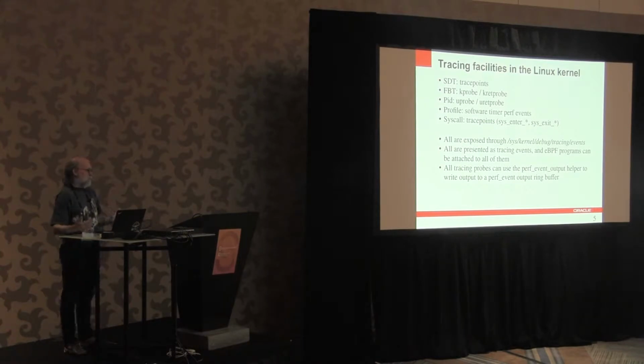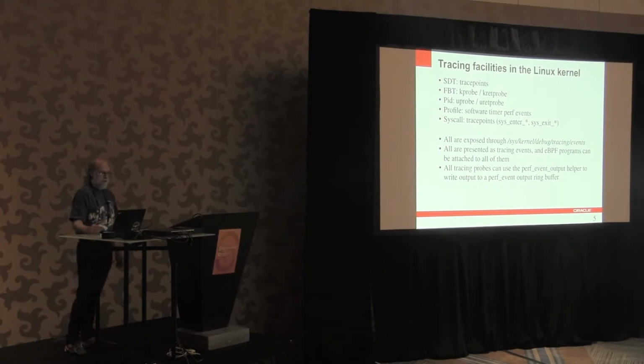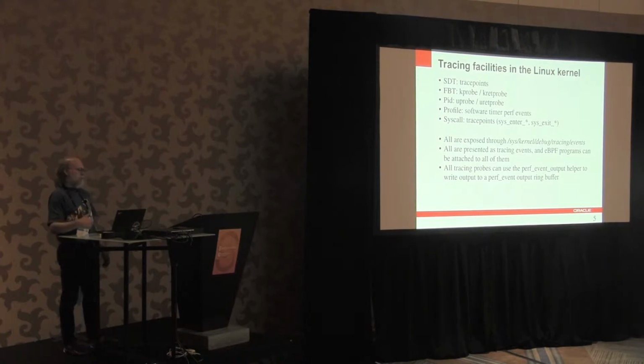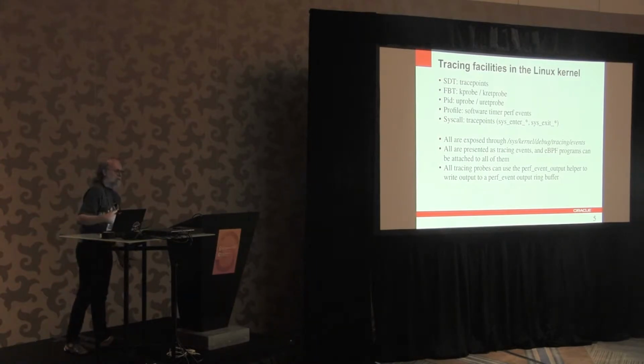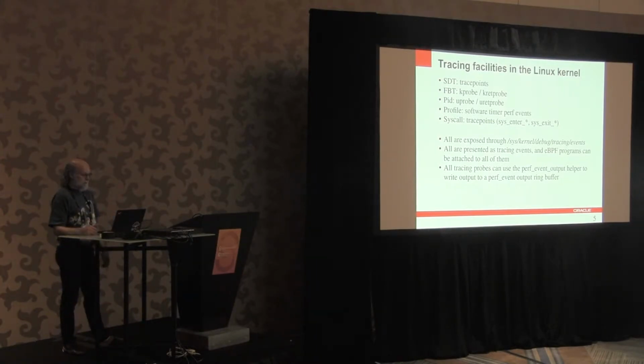We can use this, and there are reasons why we didn't, and these reasons still exist, and I'll get to that on a few later slides. We have this thing called a PID provider, which is essentially just user space probing. It's kind of a user space function boundary probe in many ways, where you can also do arbitrary addresses. That's uprobes. And in fact, in the current implementation of DTrace with the very invasive kernel patch, that's the one part I'm really proud of. It uses uprobes. So that was a very easy one to implement.